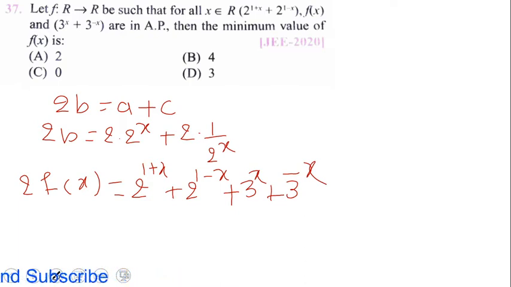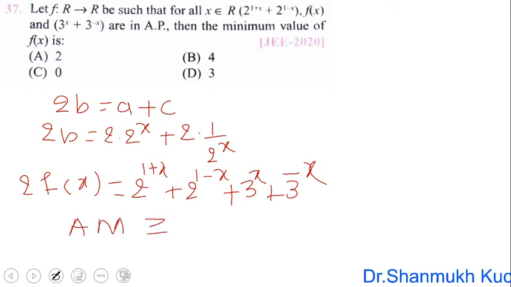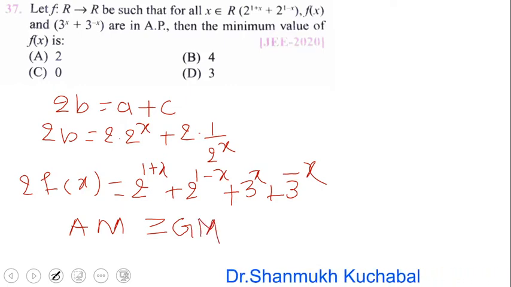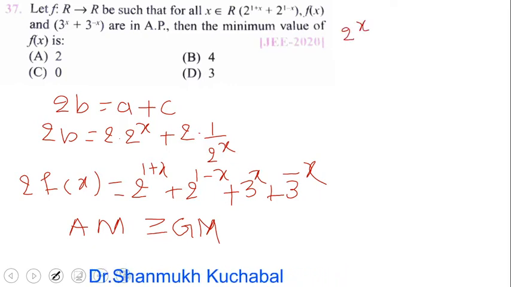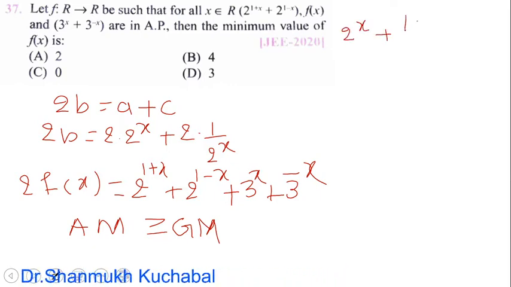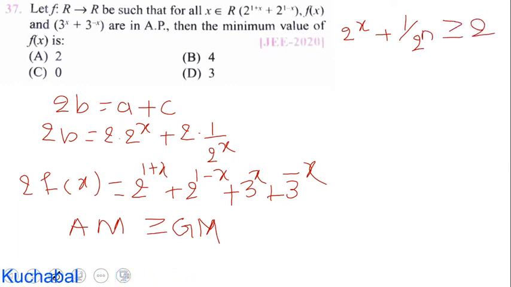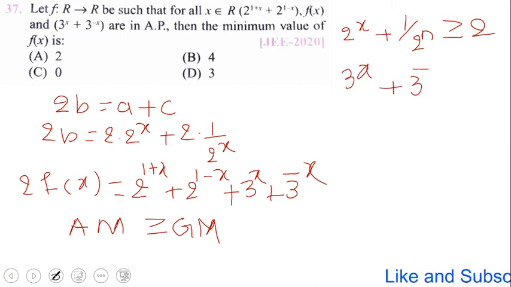Further we will observe that the arithmetic mean is always greater than or equal to the geometric mean. Therefore we can take 2^x + 1/2^x is greater than or equal to 2. So 3^x + 3^(−x) is also greater than or equal to 2 here.